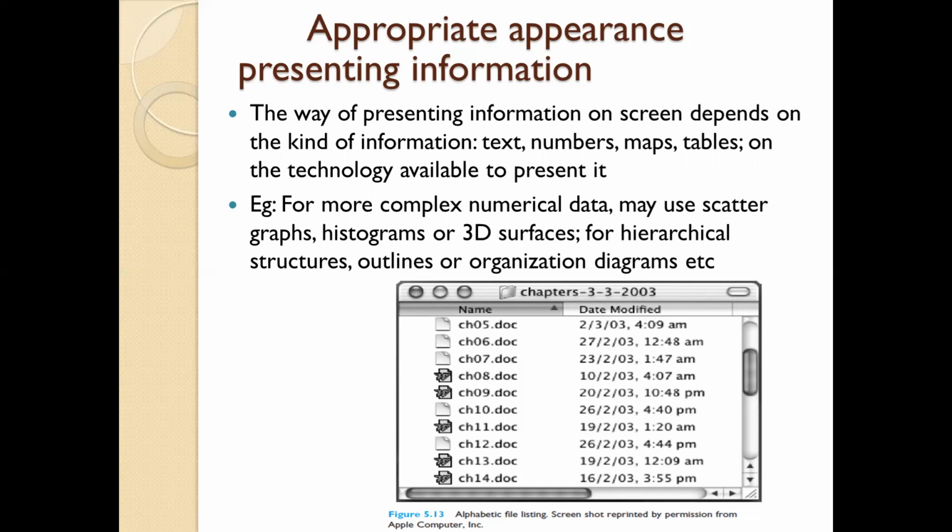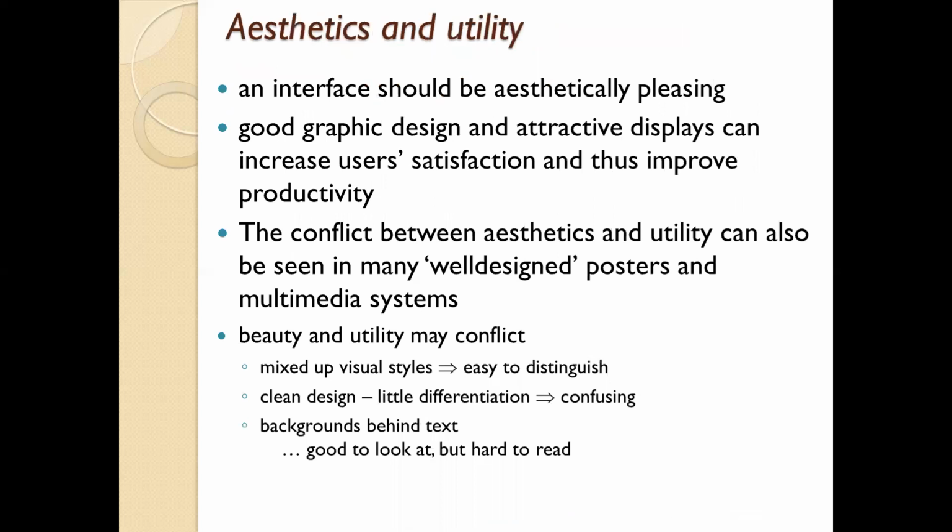For hierarchical structures, outlines or organization diagrams, etc. Aesthetics and utility: an interface should be aesthetically pleasing. Good graphic design and attractive display can increase user satisfaction and thus improve productivity.